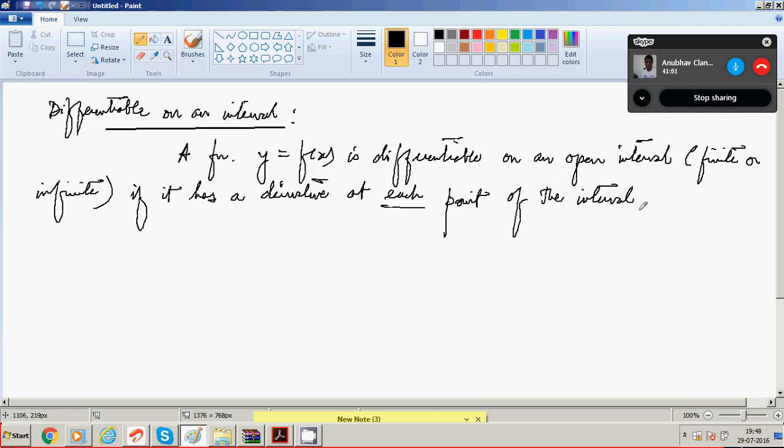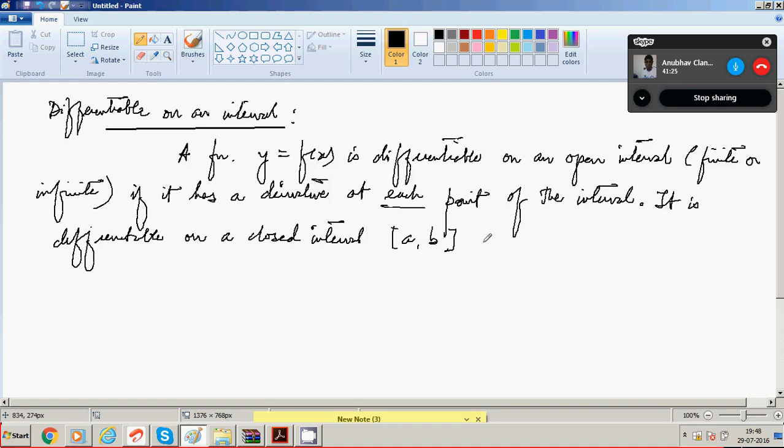It is differentiable on a closed interval, closed interval is this, right? a less than or equal to x less than or equal to b. This is a closed interval.